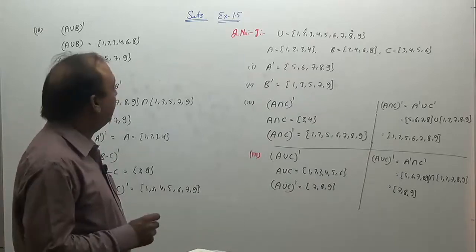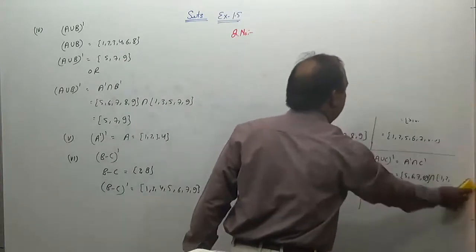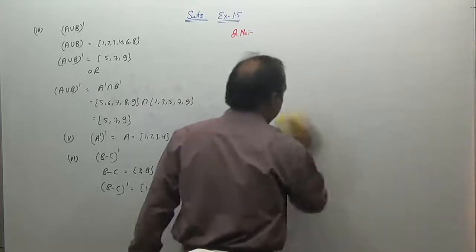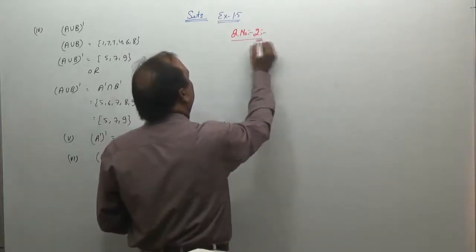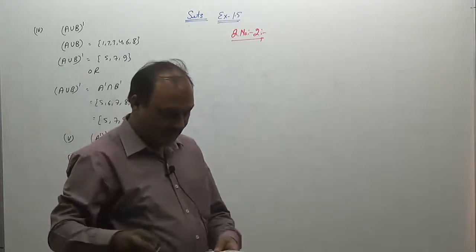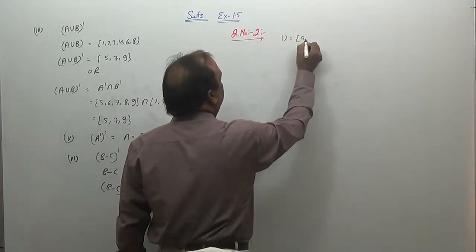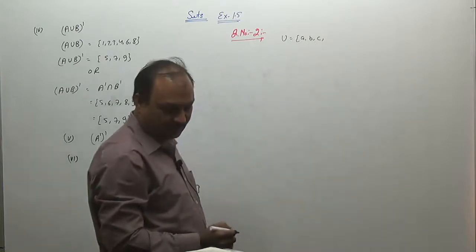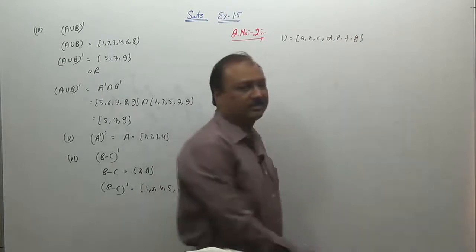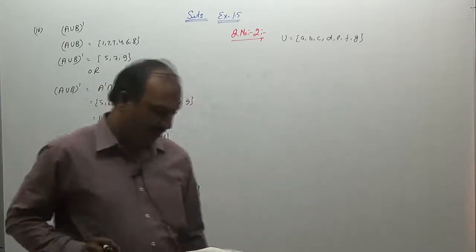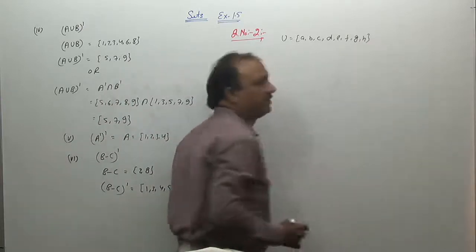Now we proceed to question number 2. There is a universal set which contains the elements A, B, C, D, E, F, G and H up to H. This one is the universal set.